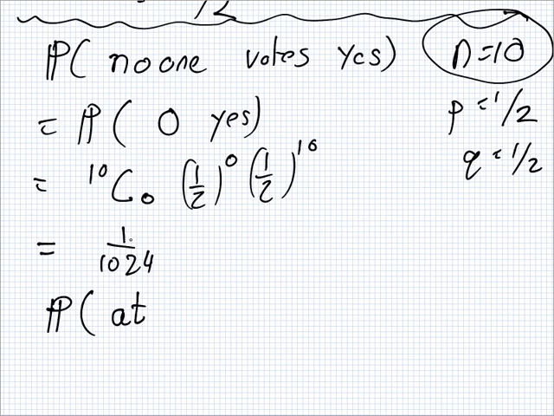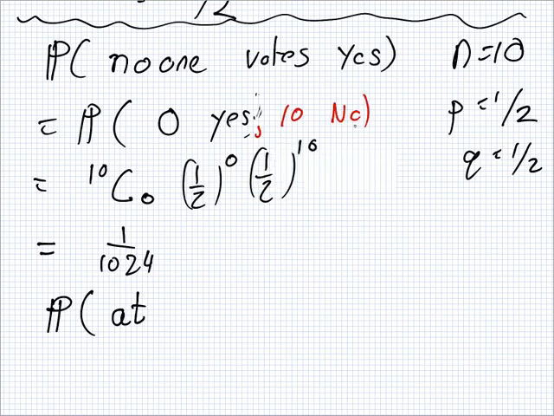The probability is 1 over 1024 that nobody says yes, that there's 0 yeses. So here I want no yeses, or if you prefer, you can think about it like this as well: no yeses and 10 no's.